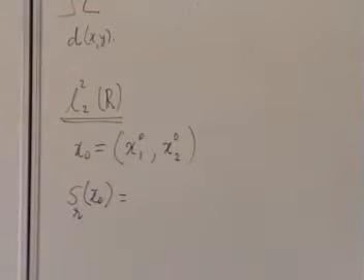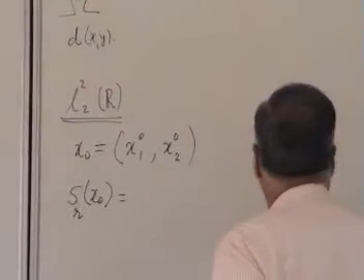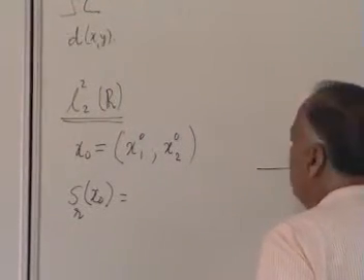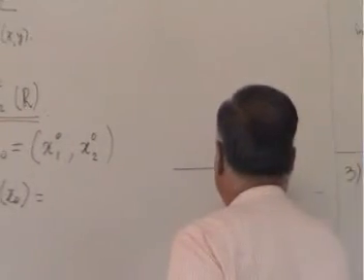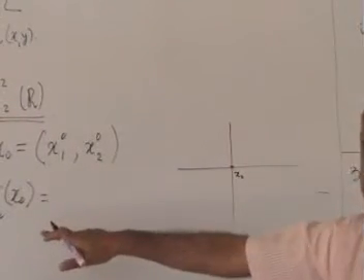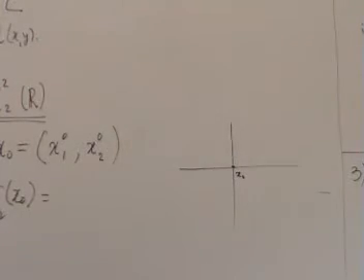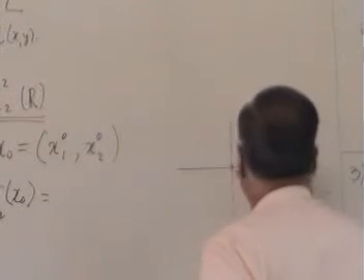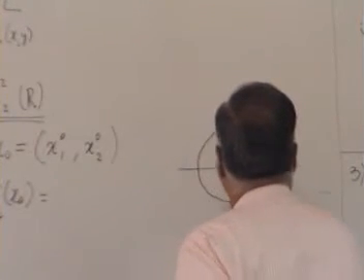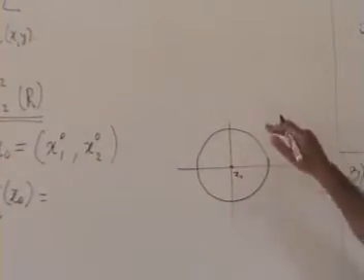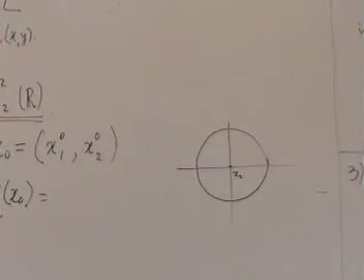We are going to look at all those points whose distance from x naught is exactly equal to r. That is that circle, all those points on that circle.